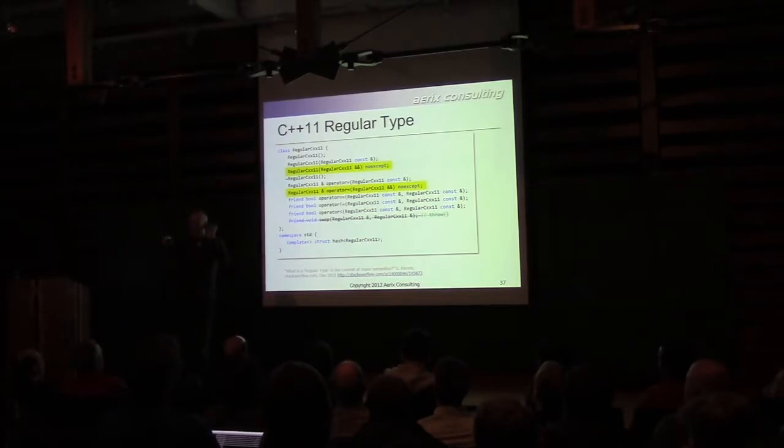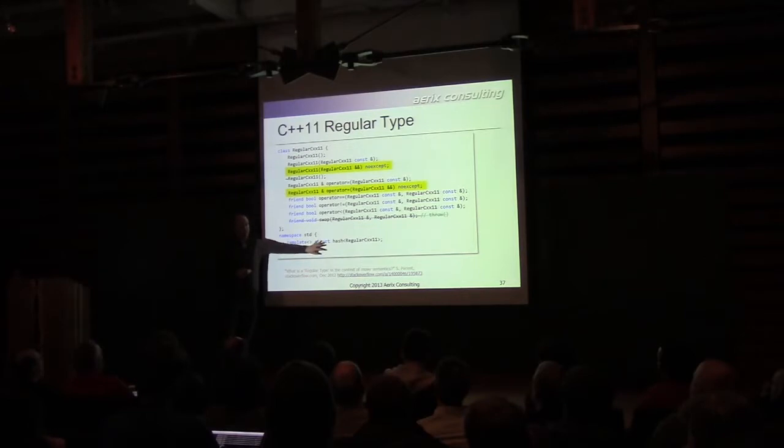Because I have move. The default swap works perfectly well for movable types. So you don't have to implement it anymore once you've implemented these two. That's pretty nice. And if you ever expect to hash these things, you'd have to specialize std::hash.